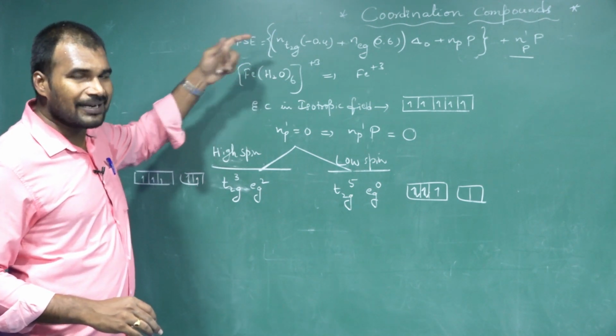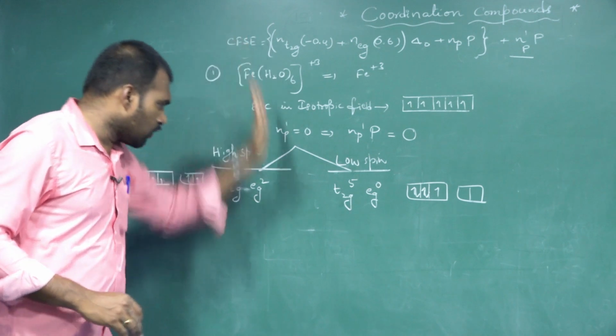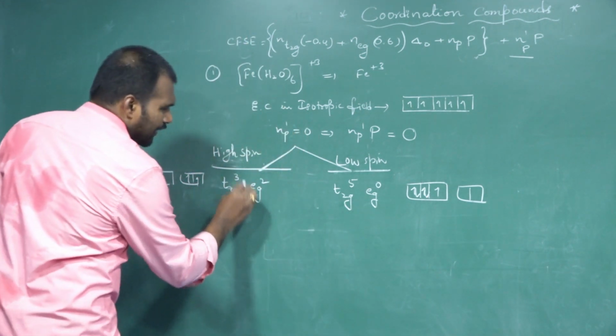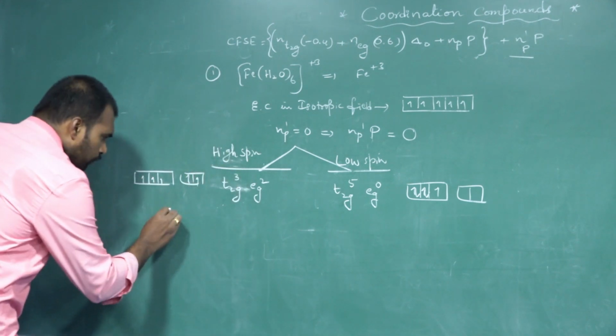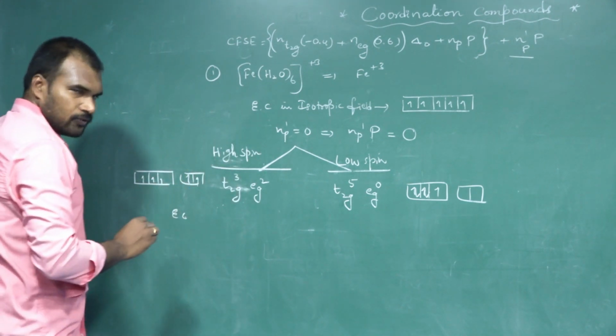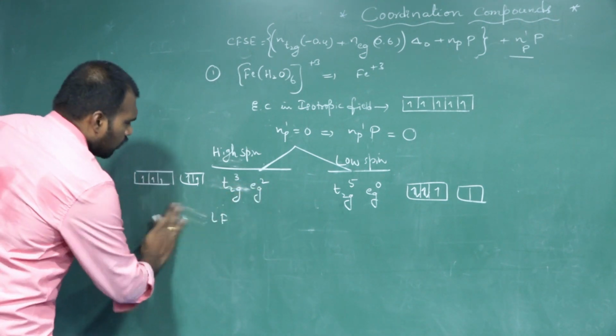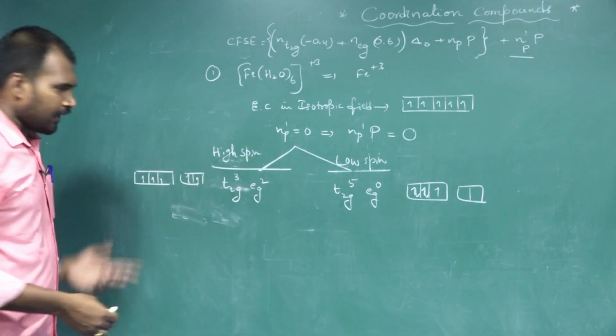Now I am going to calculate the crystal field stabilization energies for both these configurations, first for this one. The electronic configuration in ligand field is T2G3 Eg2.